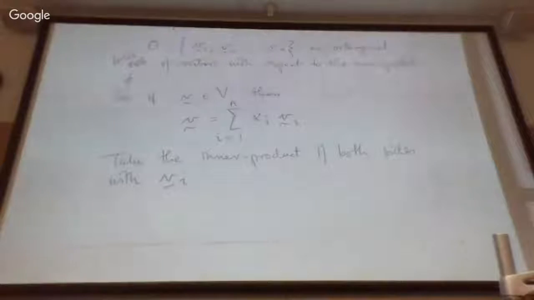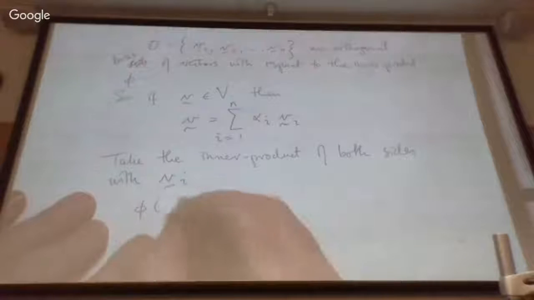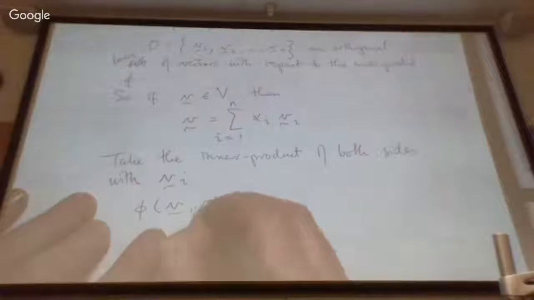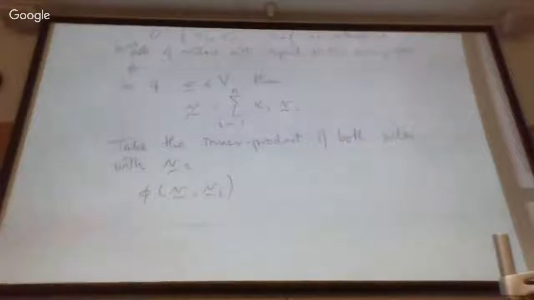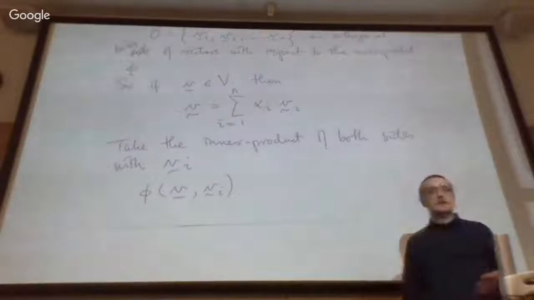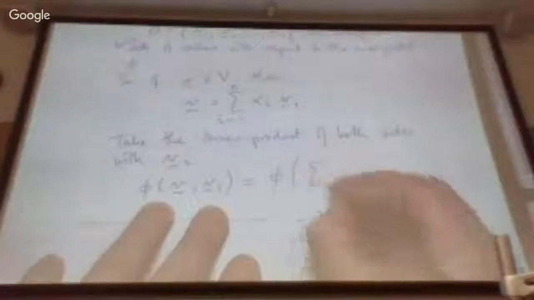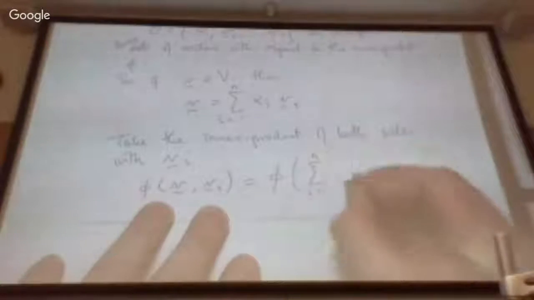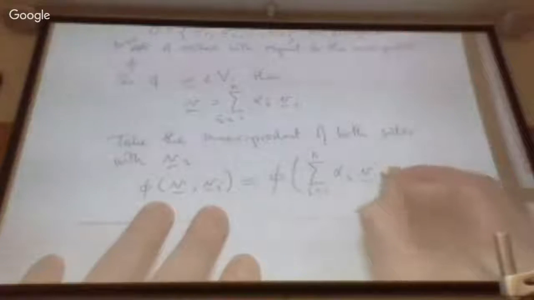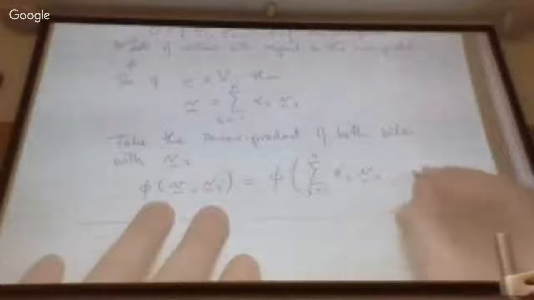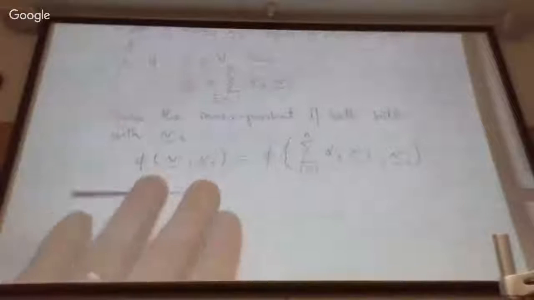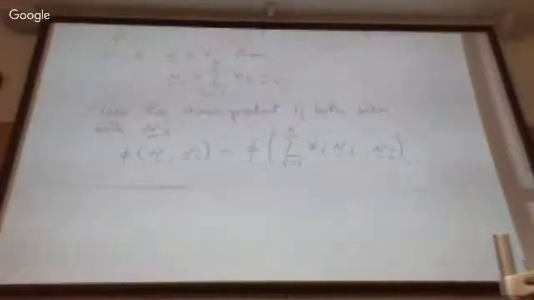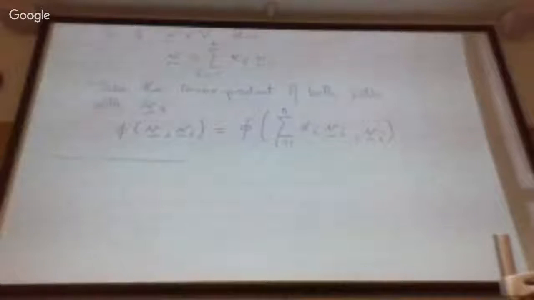So if you take the inner product phi of the left-hand side with the ith basis vector, by definition, the vector v has this expression as a linear combination of the basis vectors.